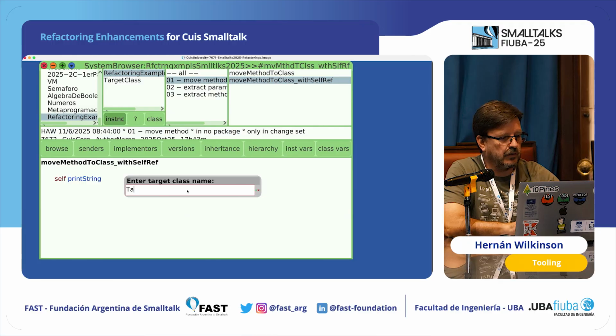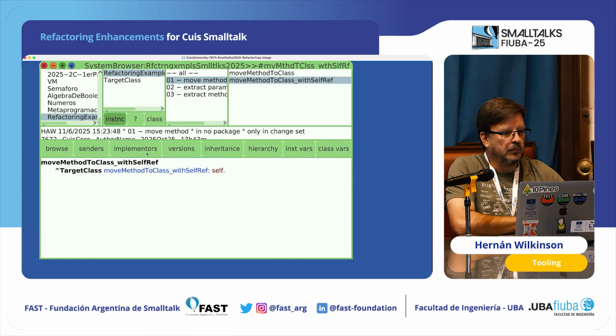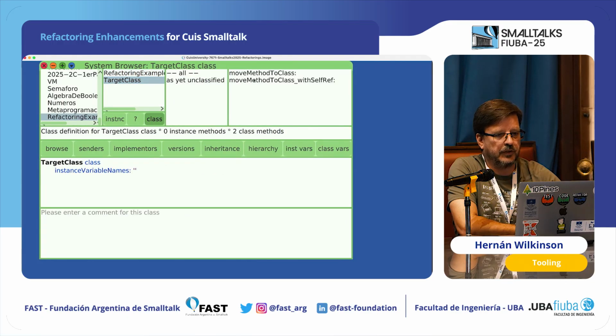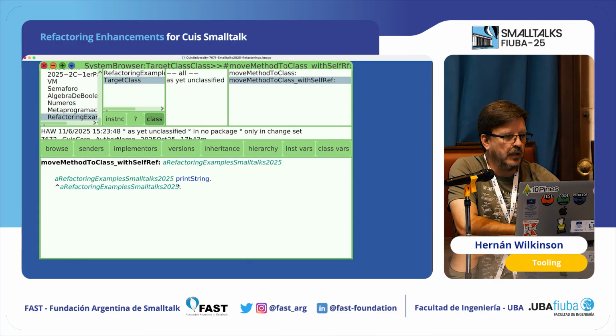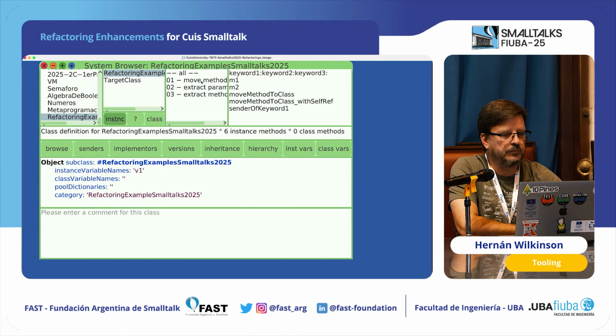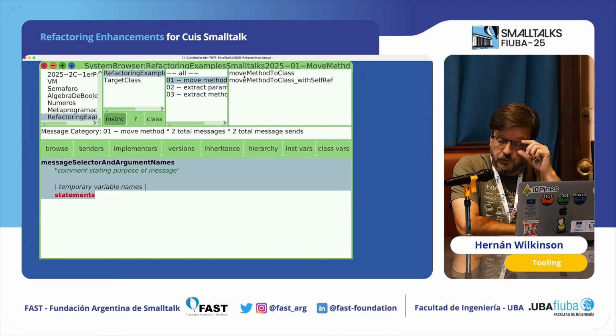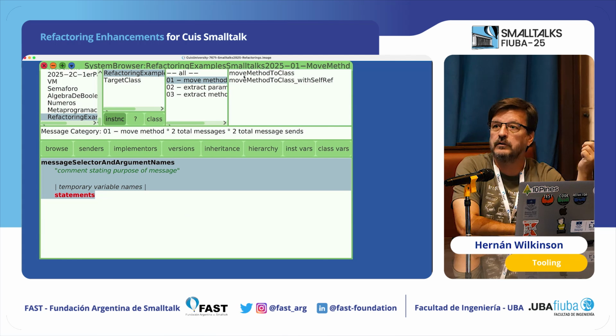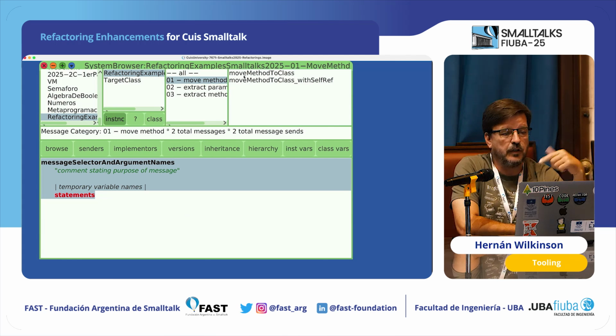Let's send it also to target class. And here it is. You can move it to a class and you can also move it to a global object. It's the same thing. It will move it to the class of the global object.